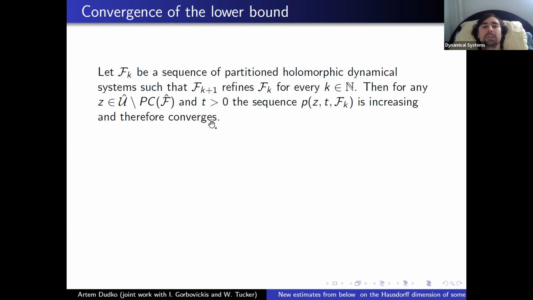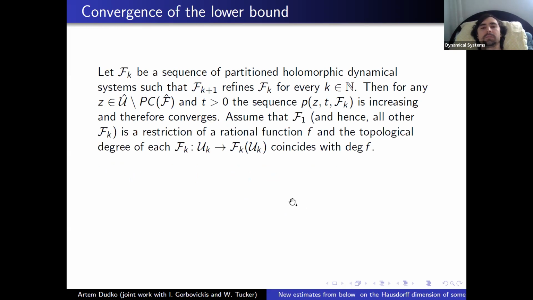Thus, taking refinements improves the lower bound of the Hausdorff dimension. Moreover, if we take a sequence of refinements, the sequence of the pressures is increasing and converges. Assume that these systems F_k came from the same rational function f and have the same topological degree.